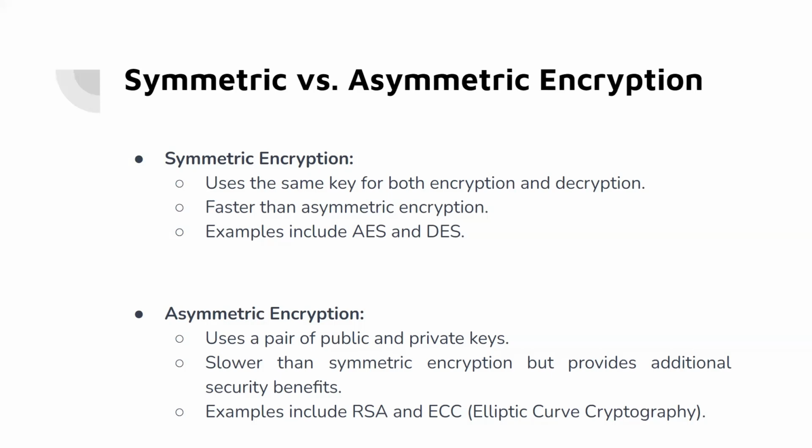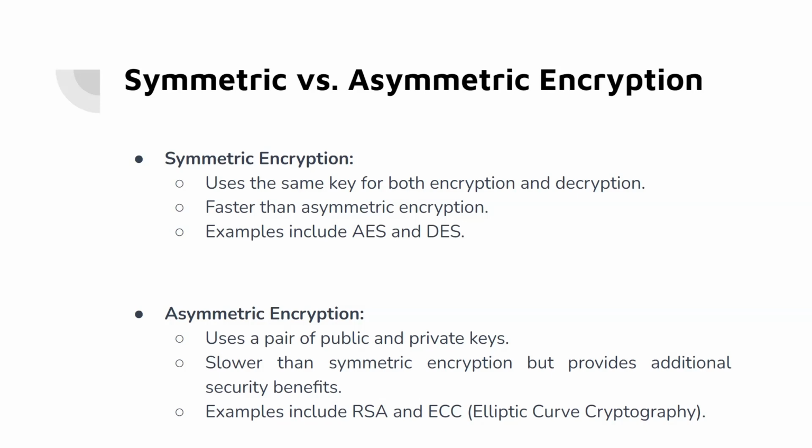But the advantage of asymmetric algorithms is that you don't need a secure channel to exchange keys. For example, with RSA, you can make a public key that is available to anyone, and only you have the private key to read encrypted messages.